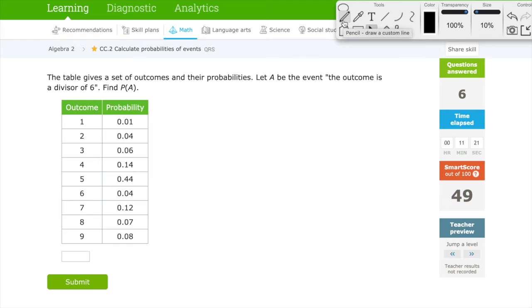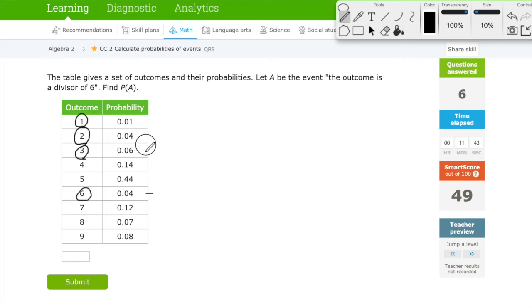The outcome is a divisor of 6. Okay, so this is pretty similar to what we had just a second ago. 6 divided by 1 is 6. 6 divided by 2 is 3. 6 divided by 3 is 2. 6 divided by 6 is 1. All these are bigger than 6, so they have to give us a decimal.